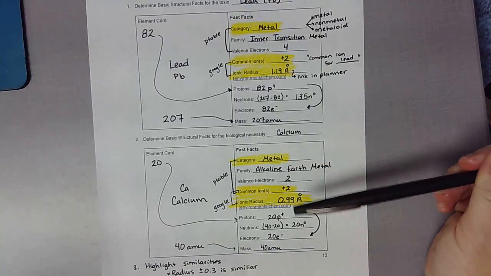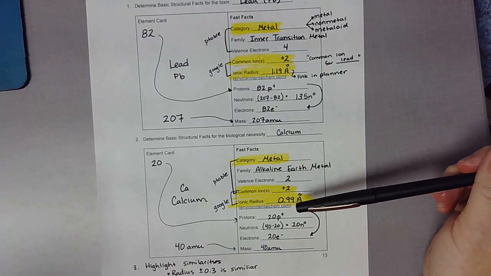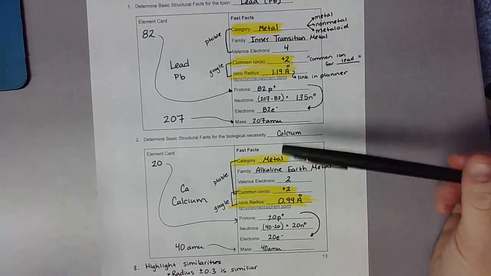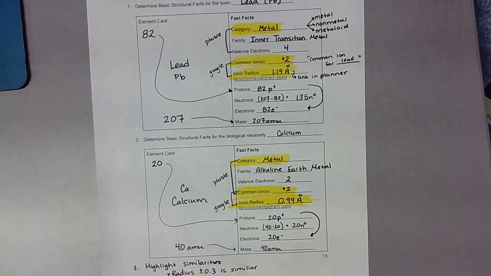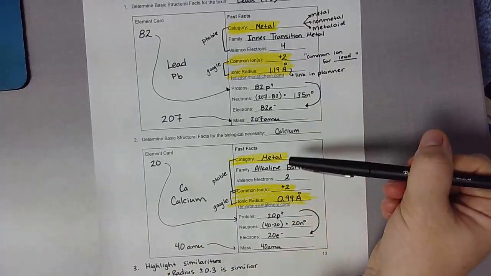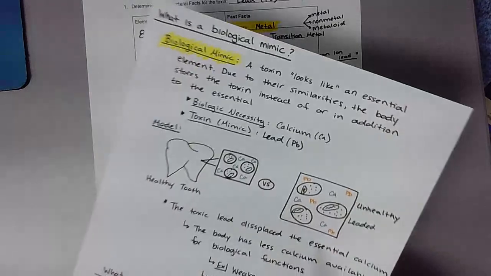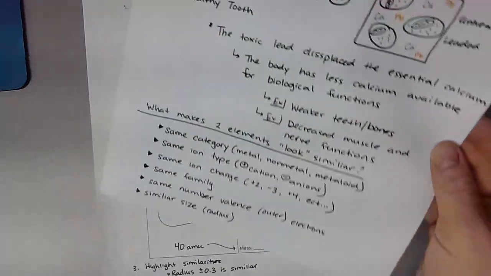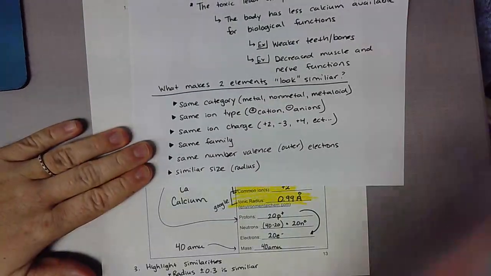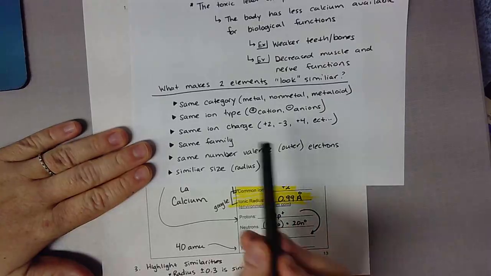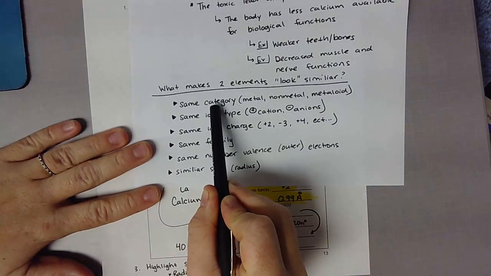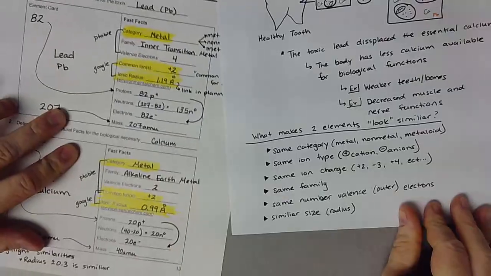Protons, not going to match because if they match, they would be the same element. Neutrons not matching, electrons and mass not matching. So here we've got 3 traits that make lead and calcium biological mimics. And remember, these are notes we took way back when we talked about what is a biological mimic. So let's see how many we hit. Lead and calcium, are they the same category? Yep.